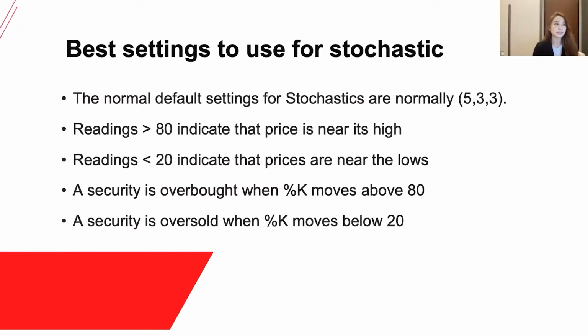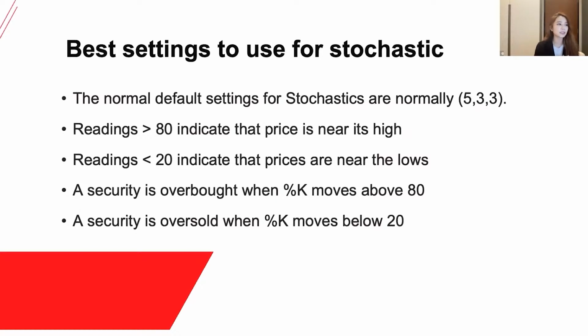You will see these numbers appear in the settings of the stochastics indicator on any trading chart website or app. Readings above 80 indicate the price is near its high, and readings smaller than 20 indicate that prices are near the lows. So we have an upper bound and a lower bound, a kind of range: 80 and 20.